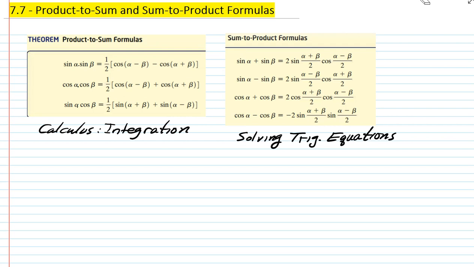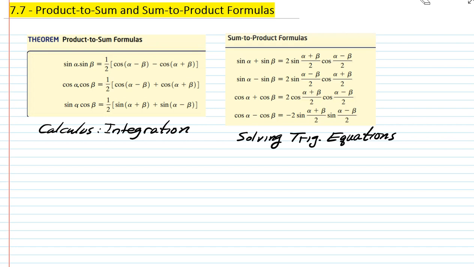When do we use this? Well, the one on the left side, I have used it in calculus, so chances are you will use it, although not often. There are certain types of integrals that you will do in calculus where you have to change from product to sum in order to be able to integrate the problem.